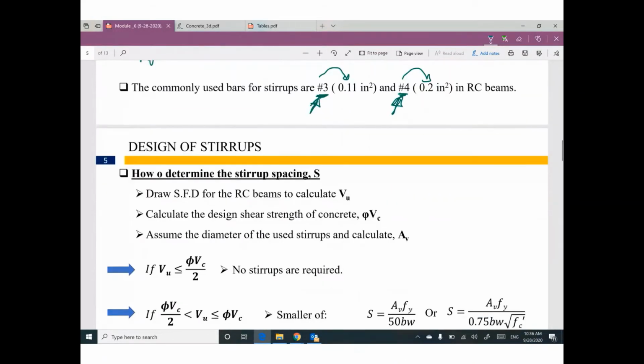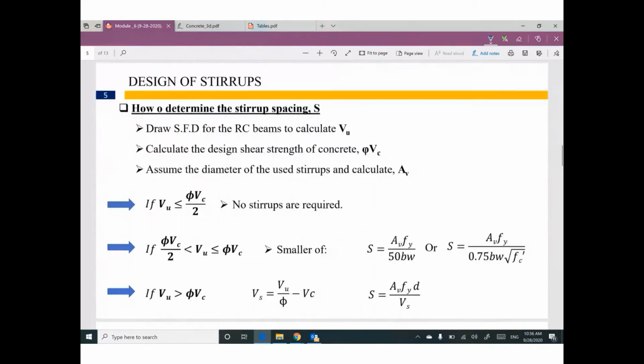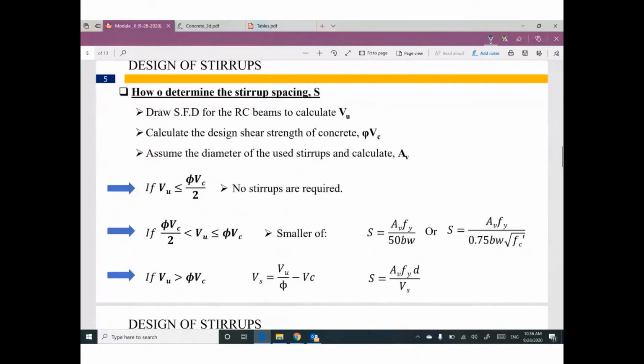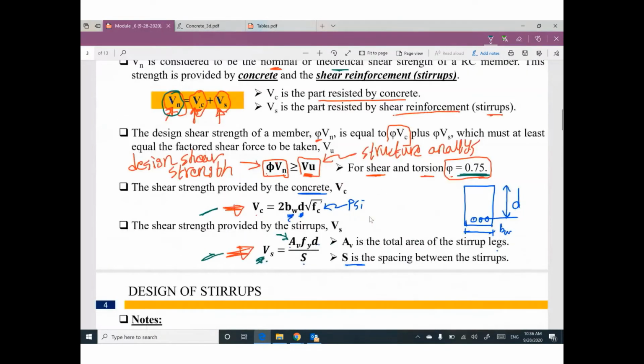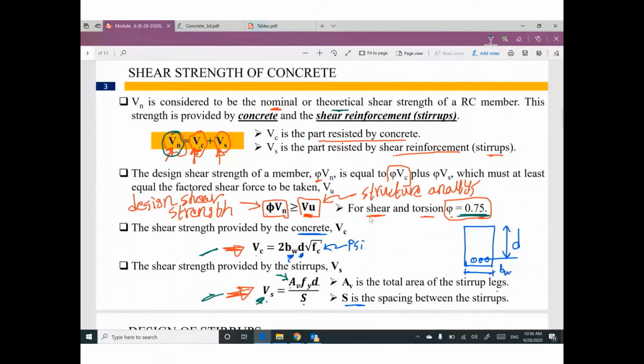Steps of design. We need to understand what the steps are. But before saying the steps, if everything is given, what do I mean by everything? The stirrups are given. The spacing is given.